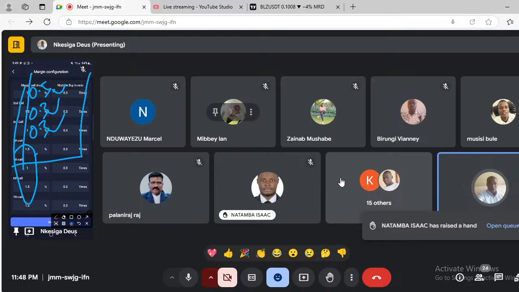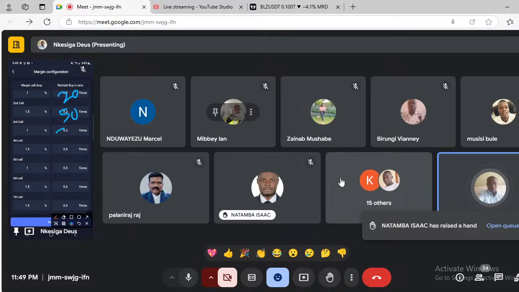Now, let us assume you have invested here $20, here 50, here 70, here 100, here 120. Let us stop from there. And here you are using 0.5, 0.3, 0.5, 0.2. I want you to get the difference. 0.4.